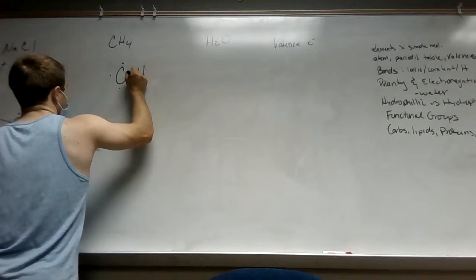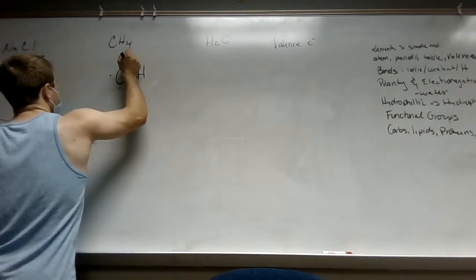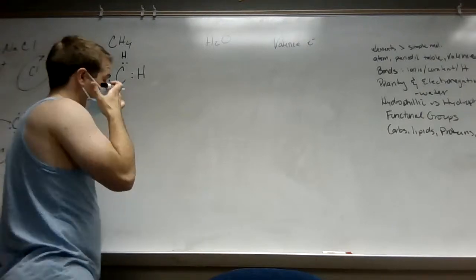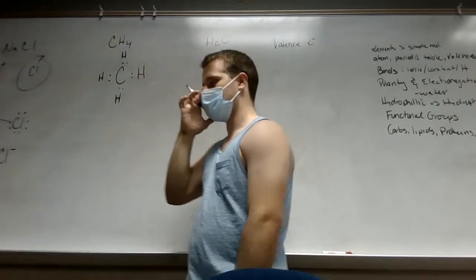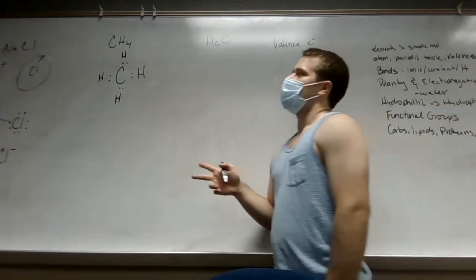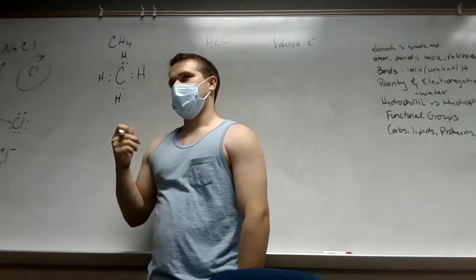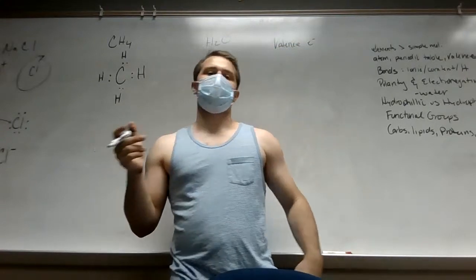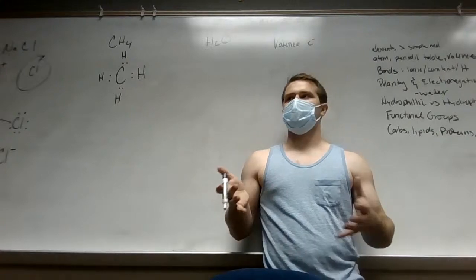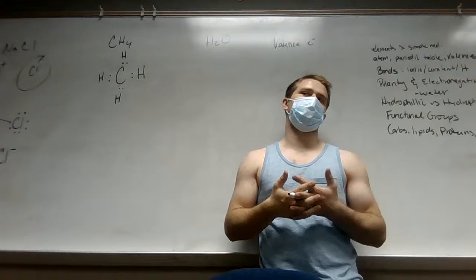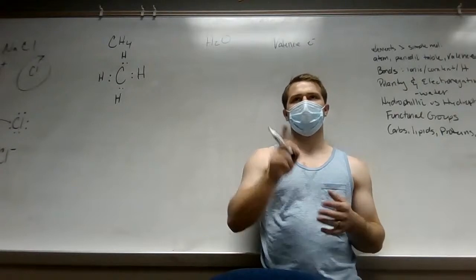So each hydrogen is going to contribute an electron to each bond, and carbon will contribute an electron to each bond. Just remember, bonds are the sharing of 2 electrons. Hydrogen has half of the electrons it needs. Carbon has half the electrons it needs. Without getting too specific about the electronegativity, they both equally want the electrons, so they're going to equally share that electron. Question?